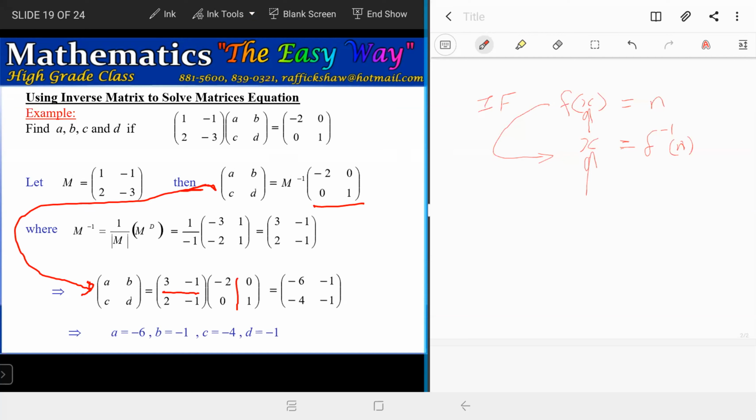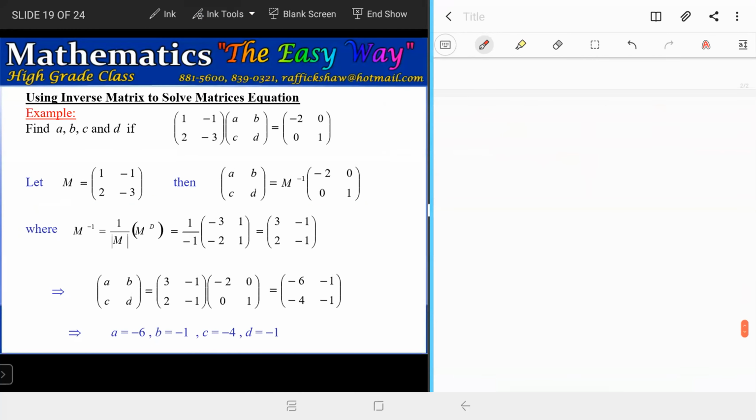We could continue. I'm going to do some examples, and then we'll do the examples. I'm going to show you the basics over here again. If you have a matrix equation, like a matrix times another matrix equals another matrix, and you don't know the values of one of them, you're trying to find that one.